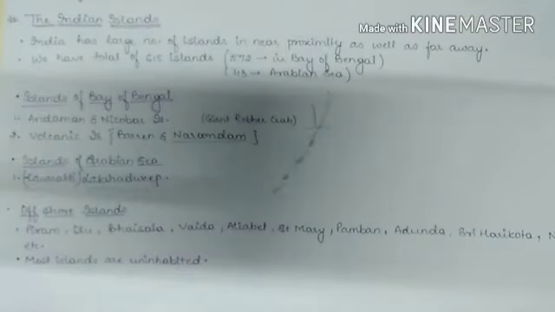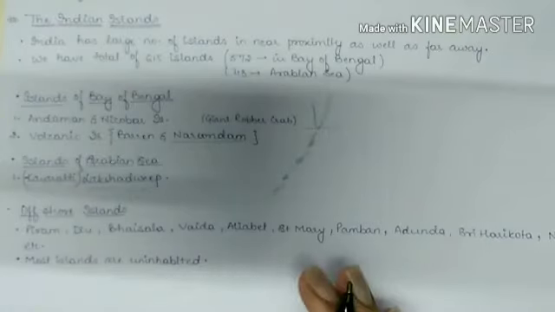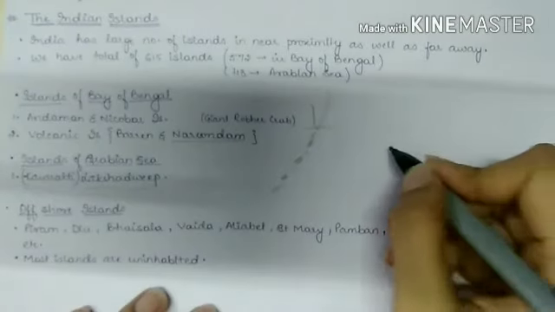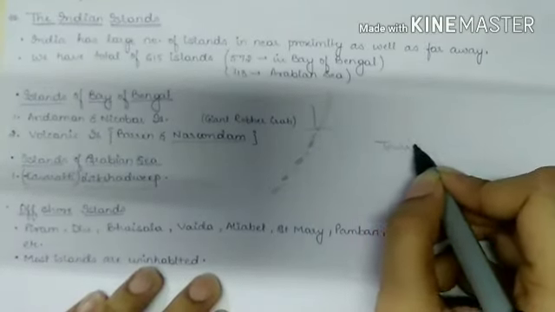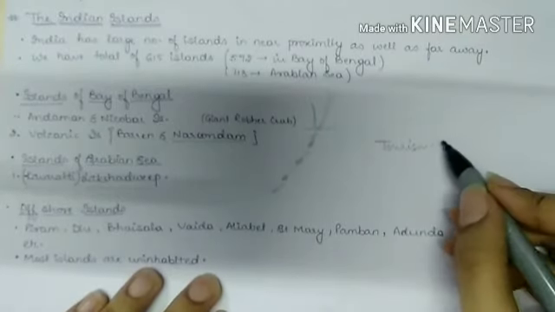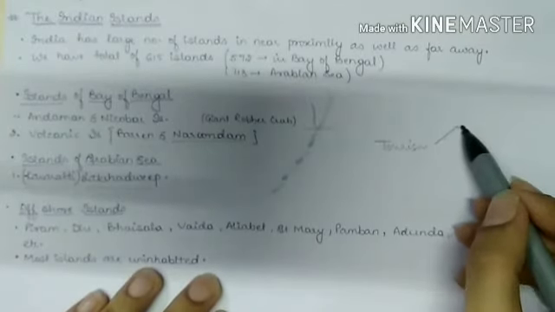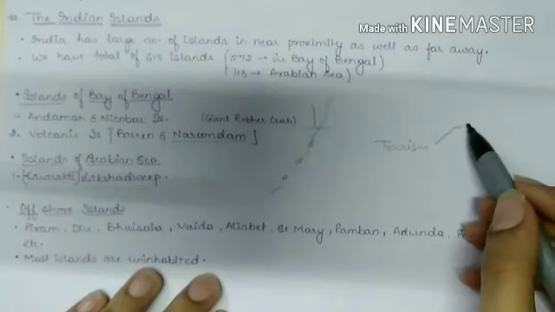If we look into the significance of the Indian island group, they are major tourist spots. So for Indian tourism, they are very helpful. First of all, tourism, because we have many species of birds here.